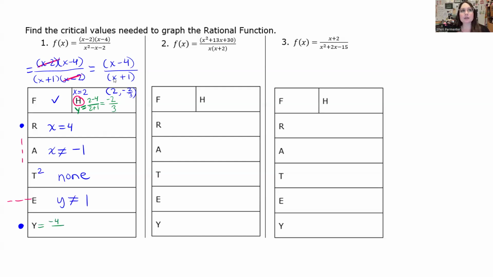And if this was a 0, it's 0 plus 1, which is just 1. What's negative 4 divided by 1? Negative 4. Okay, so I know my x value and I know my y value of my y-intercept. X is always 0 and the y part is negative 4.